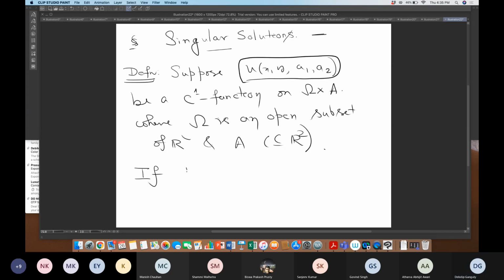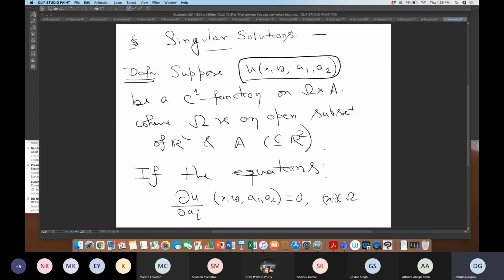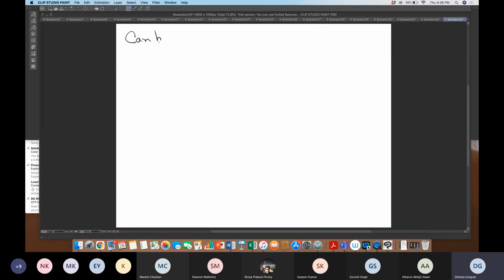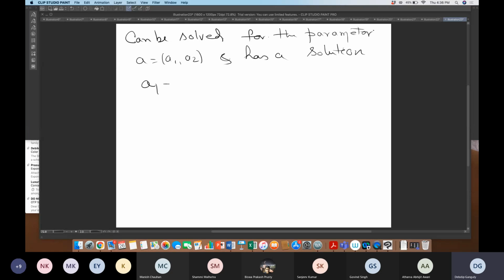Okay, if the equations del u by del ai (x, y, a1, a2) equal to 0 for x and y in omega, and a in A, and for i equal to 1, 2, if this new equation, del u by del ai equal to 0, can be solved for the parameter a, which is equal to (a1, a2), and has a solution like this: a1 equal to phi(x, y) and a2 equal to psi(x, y).